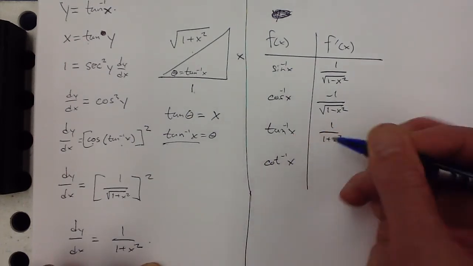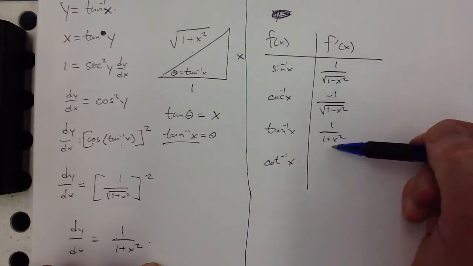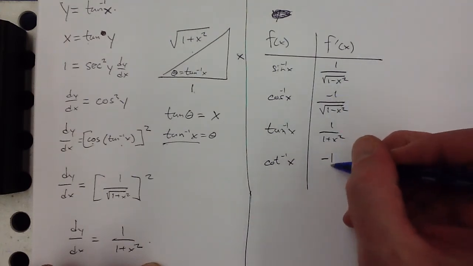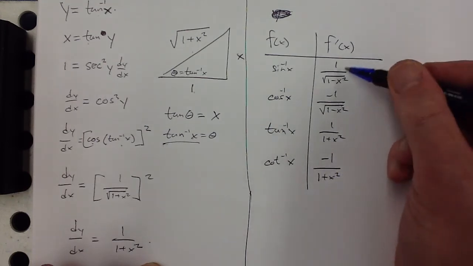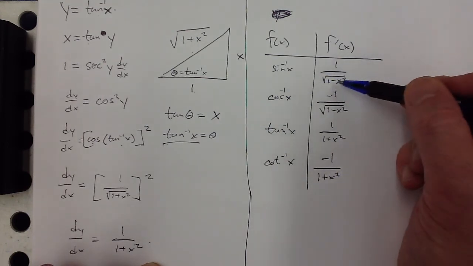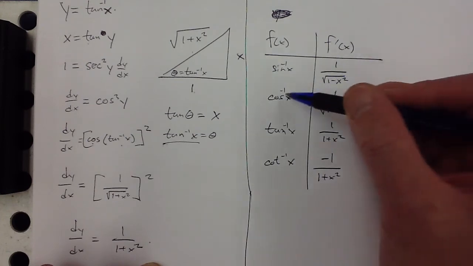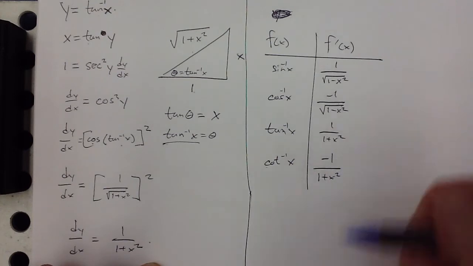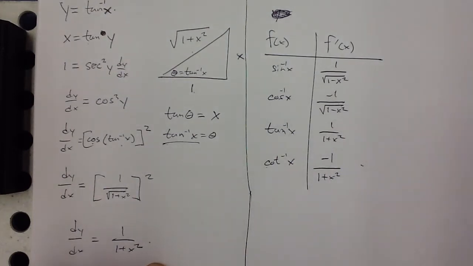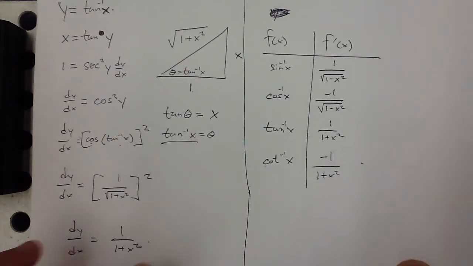Thinking about the relationships that you know with the co, you might guess, and you would be right, that it's the negative of this. So there's really only two of them to remember. 1 over the square root of 1 minus x squared, and then the co is the negative, and 1 over 1 plus x squared, and the co is the negative of that. Those are the derivatives of the inverse trig functions. You won't have to prove them, but now you know where they come from.